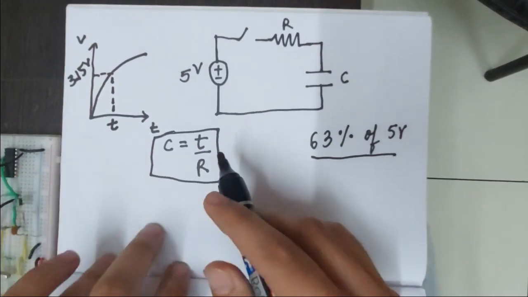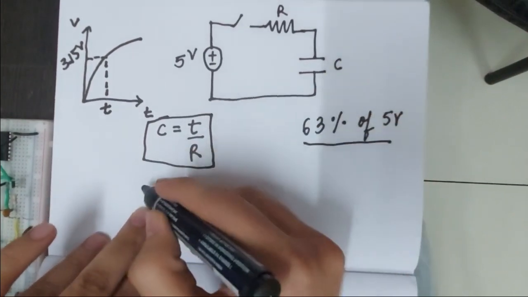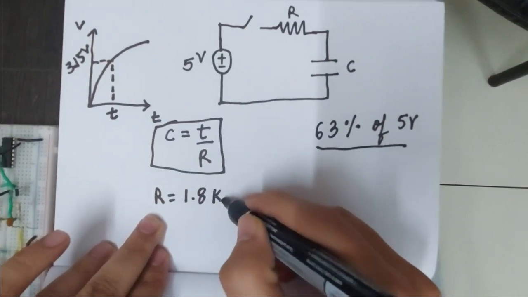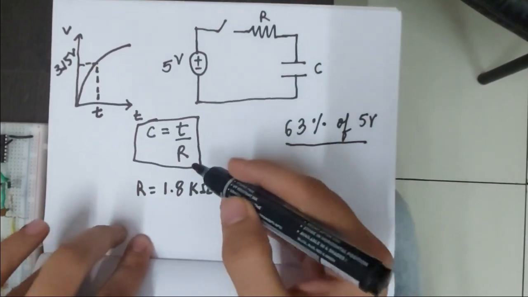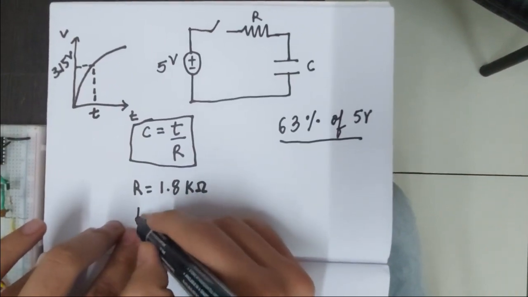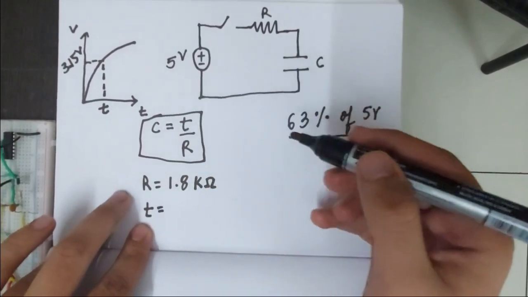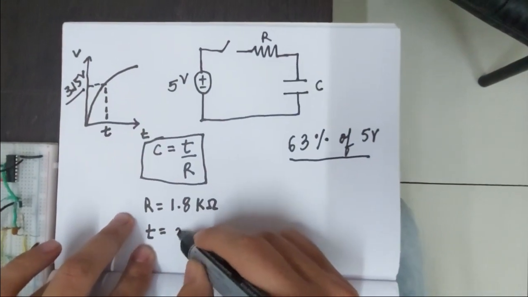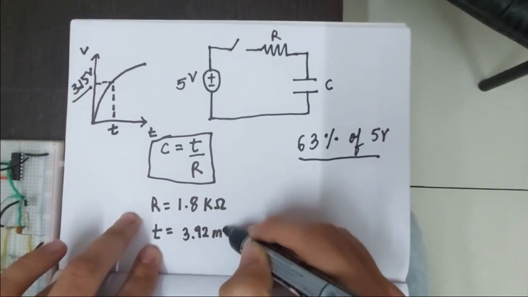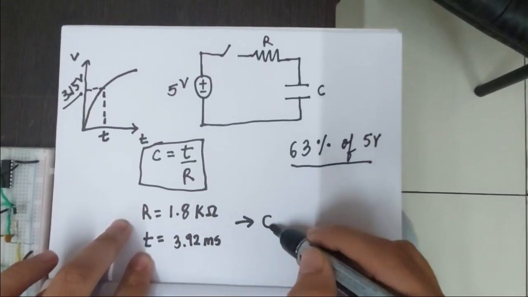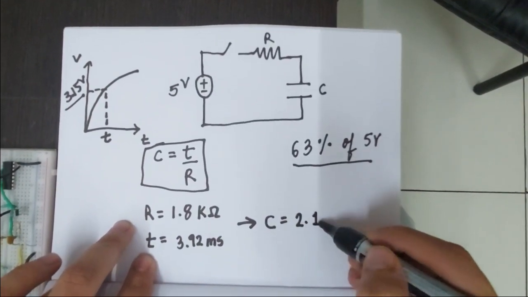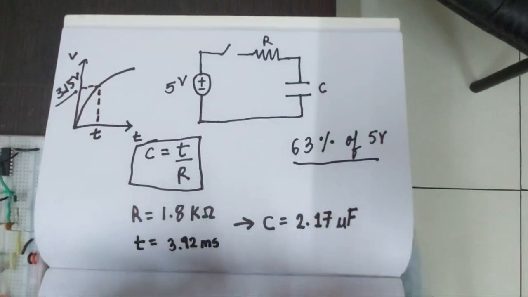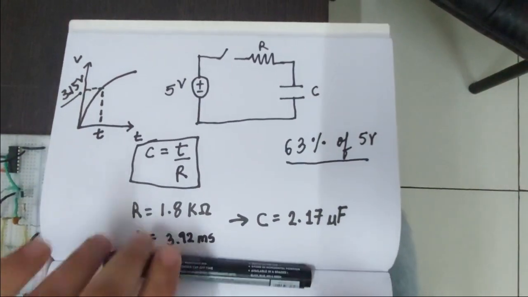Let me take the value of R equals 1.8 kilo ohm. Here we are assuming the value of R, and the time T it will take to charge the capacitance C up to 3.15 volt is 3.92 millisecond. So the capacitance we get here is 2.17 microfarad. This is the concept we are going to use to measure the capacitance in our project.